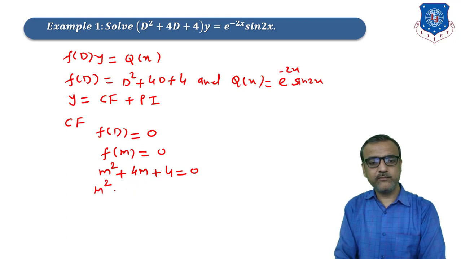So we keep m square as it is, then split 4m as 2m plus 2m plus 4 equals 0.